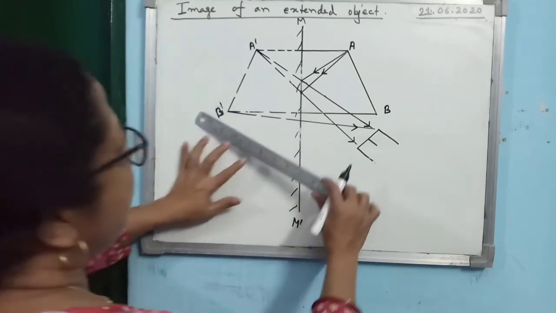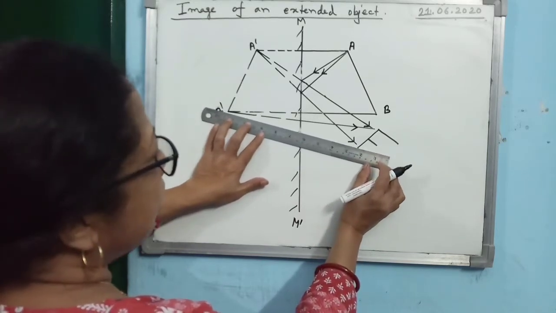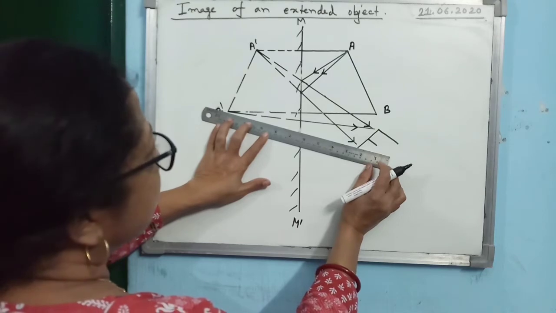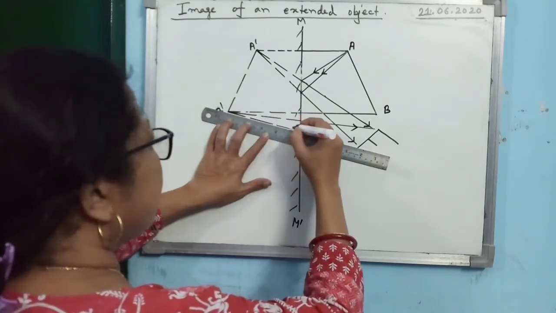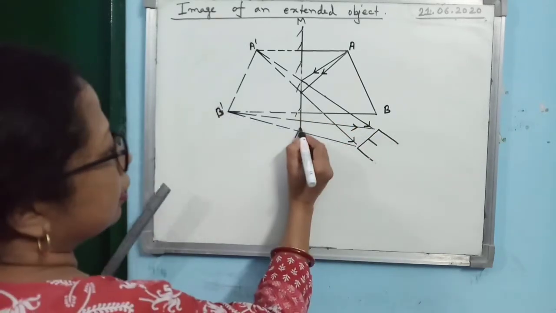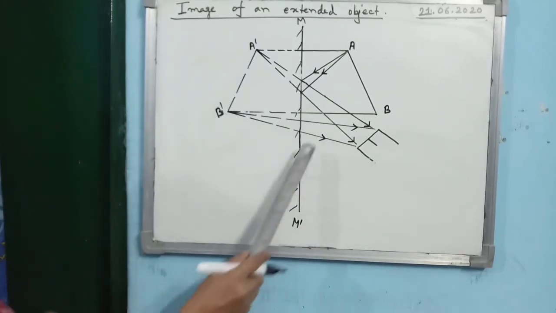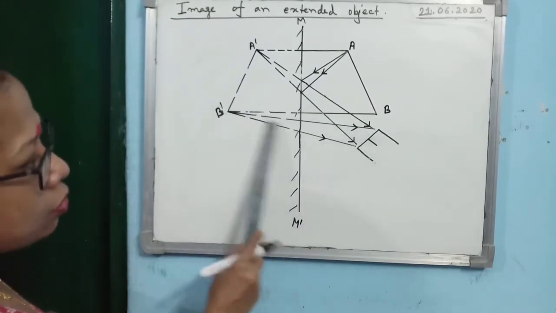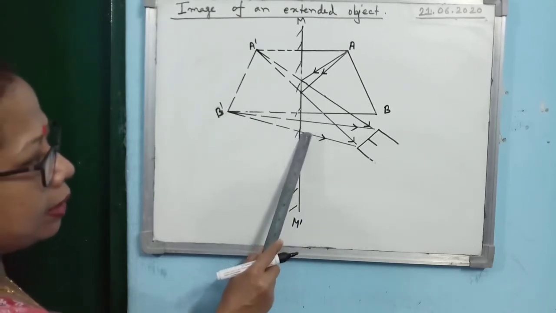Then again, join B dash with the lower point, a little bit above the lower point. Hold the scale and then join. Again while joining, take care: behind the mirror it should be dotted, in front of the mirror solid. Then put an arrow.